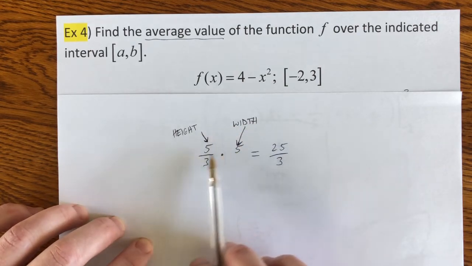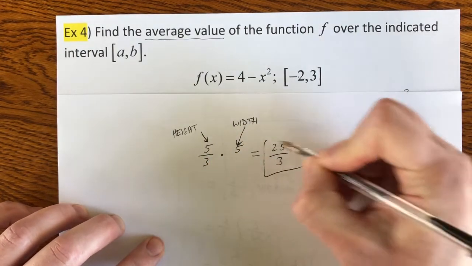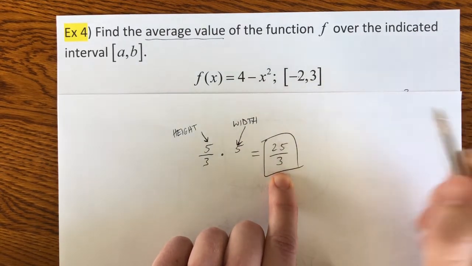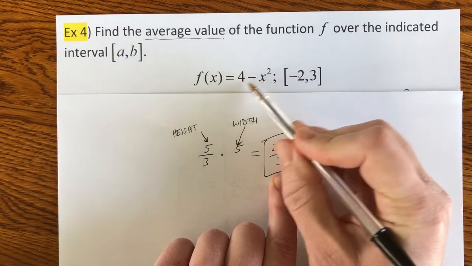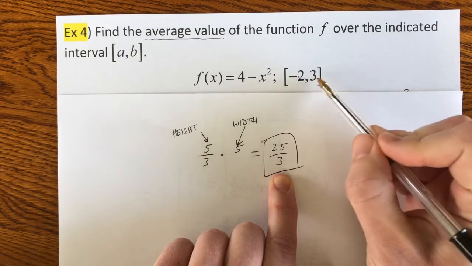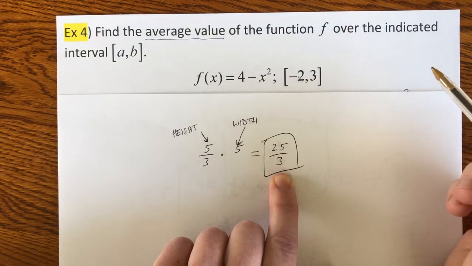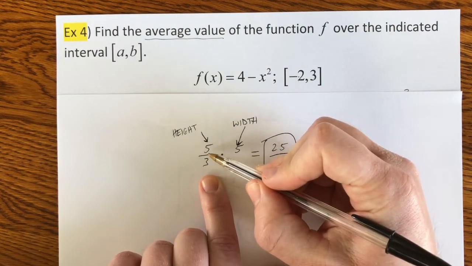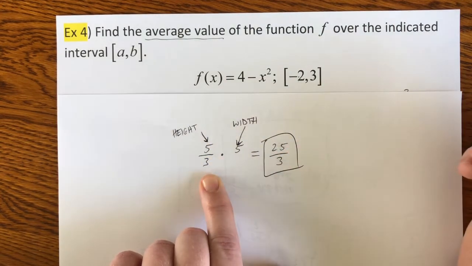Notice the product of these two values is equal to the actual value of your definite integral of 4 minus x squared based upon these limits of integration.